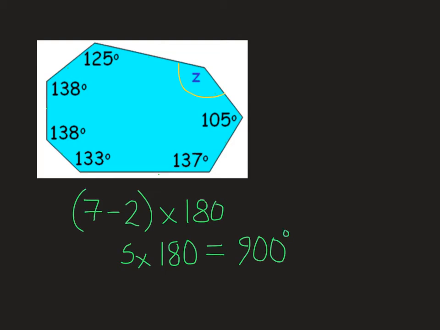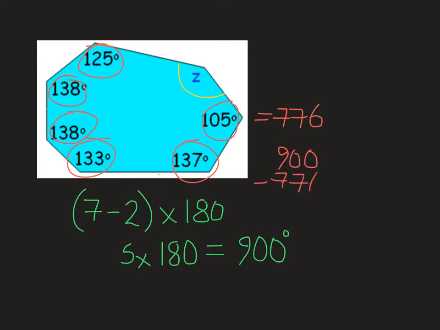Then if I add up the angles that I have, I get 776, so if I do 900, take off 776, I get 124 degrees.